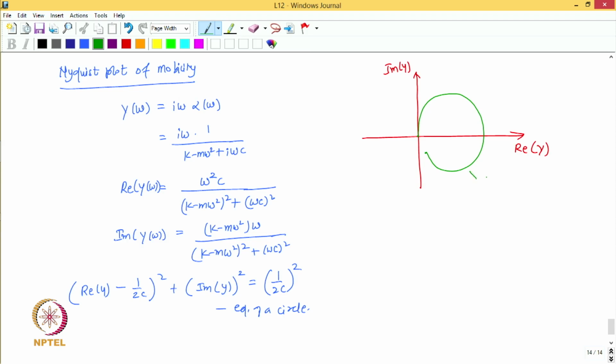This is nothing but a circular trajectory, and the center of this circular trajectory, as we can see from the equation, is 1 upon 2c comma 0. 1 upon 2c is the x coordinate, 0 is the y coordinate, and the radius of this circular trajectory is also 1 upon 2c.